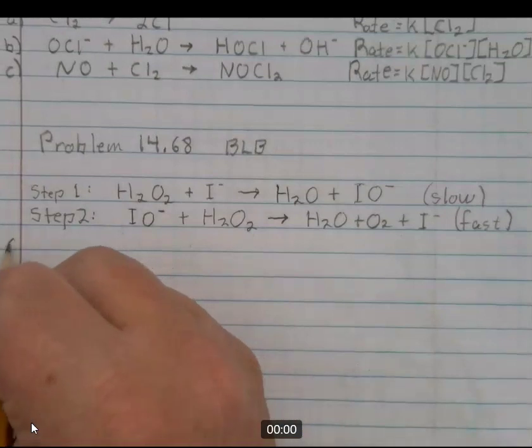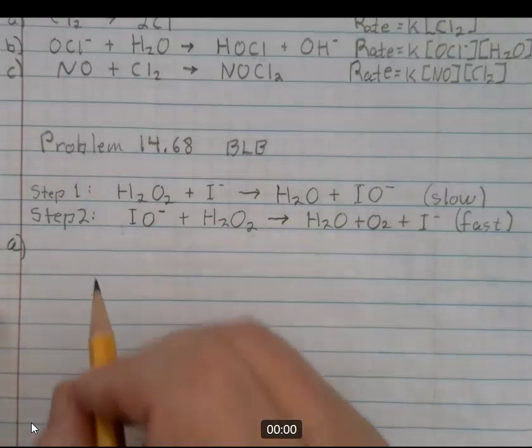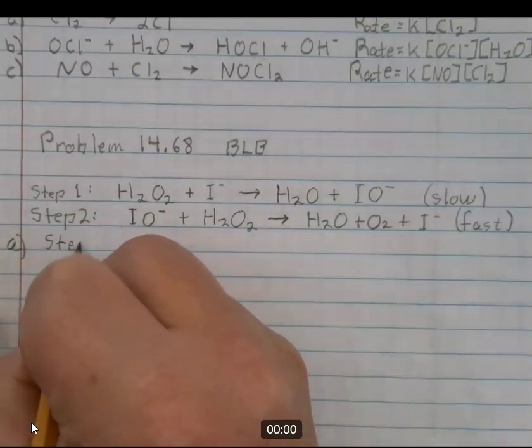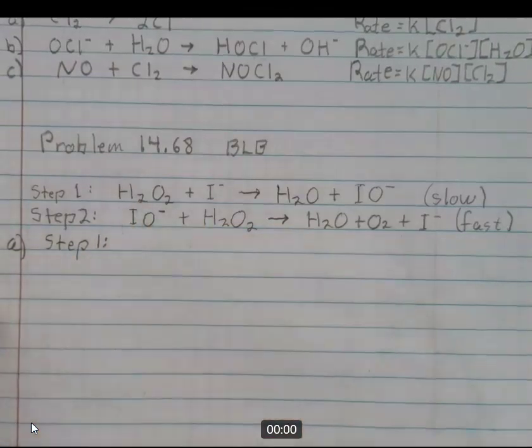So A, and it says write the rate law for each elementary step. So for step 1, we'll just do it up here. Since they're elementary steps, that means the coefficient in front of the reactants is going to be the exponent in the rate law.